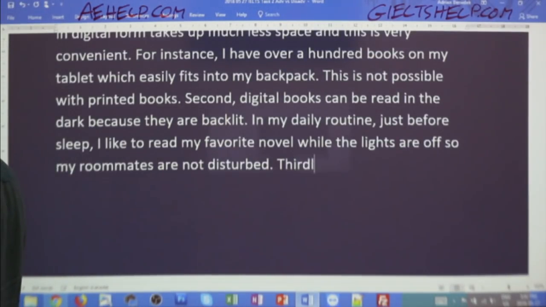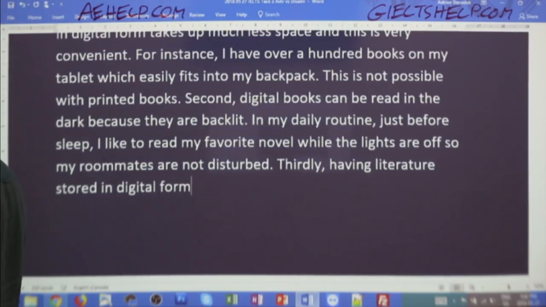So thirdly, having information, having literature stored in digital form is better for the environment than printed text.